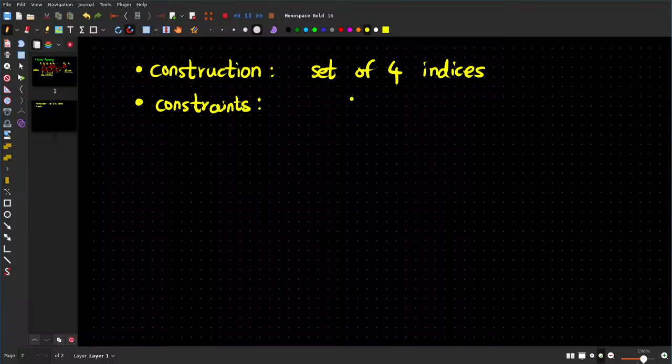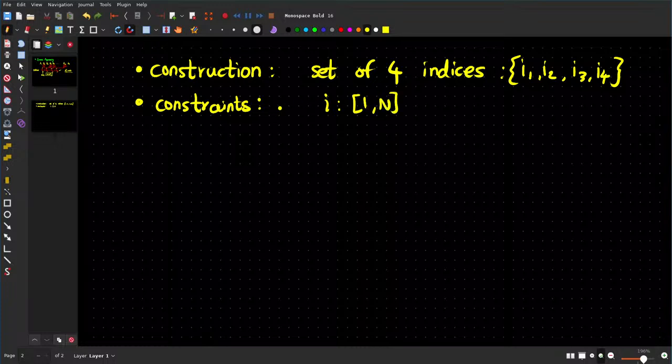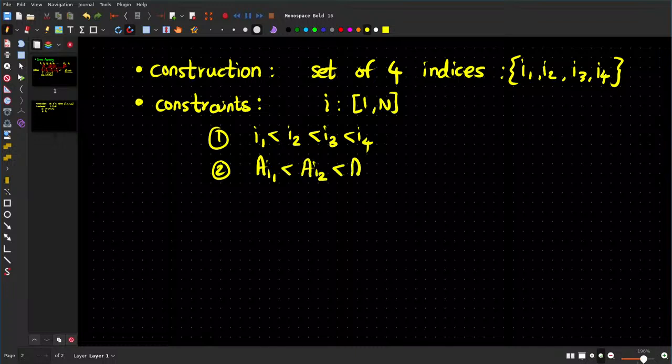In this case, these are the 4 indices I1, I2, I3 and I4 that we are trying to construct, and the constraints are obviously that any index i should be in the range of 1 to n for one-based indexing, or 0 to n minus 1, and I1 less than I2 less than I3 less than I4, as well as the corresponding values in that array should be increasing.